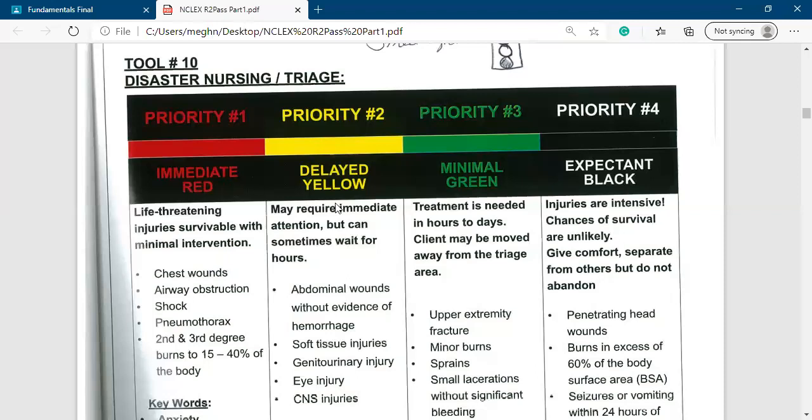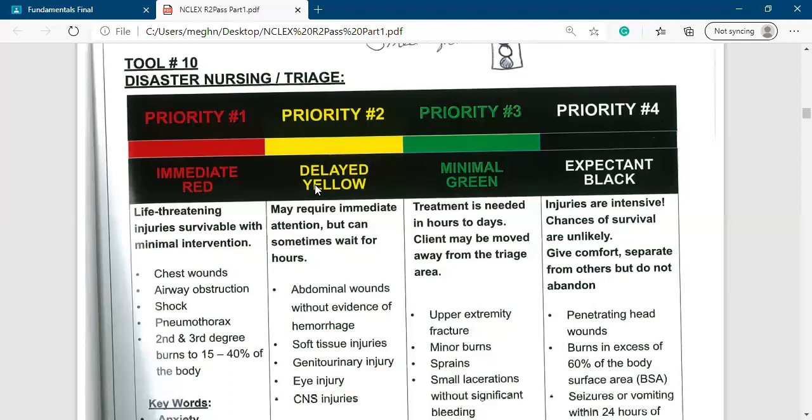yellow tag, here are the major injuries that require prompt treatment, but not like the red tag. The most common example of yellow tag, or yellow delayed service, is bone fracture.